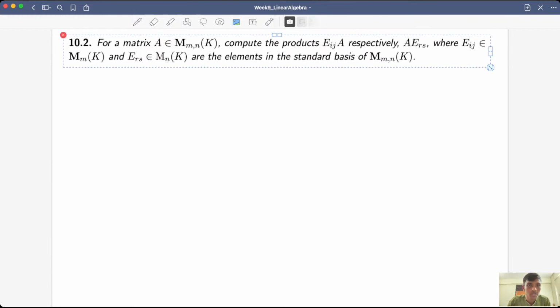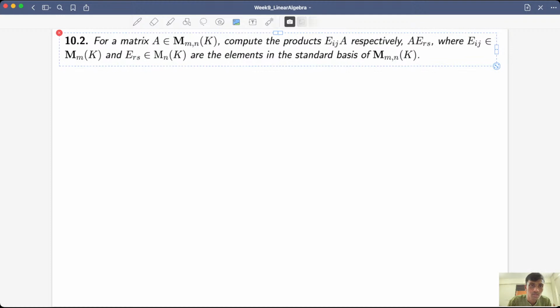Okay, so the next question is this one: for any m cross n matrix A with entries in some field K, we need to find the product of Eij times A and A times ERS, where Eij are the standard basis elements of m cross n matrices, and ERS are of n cross n matrices.